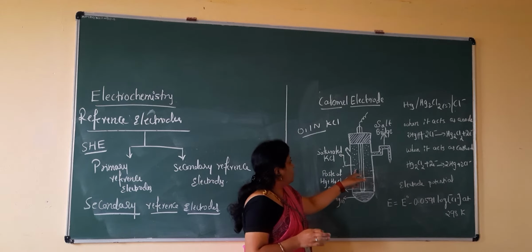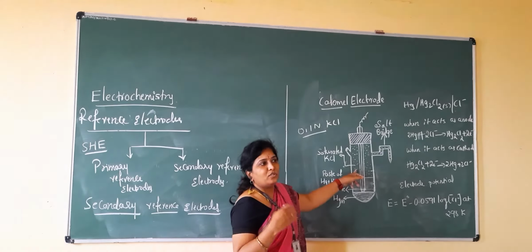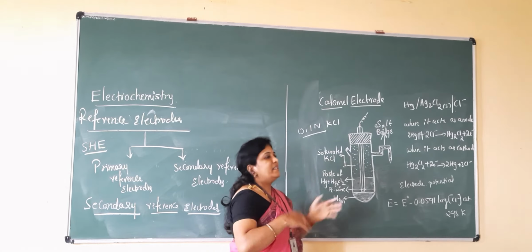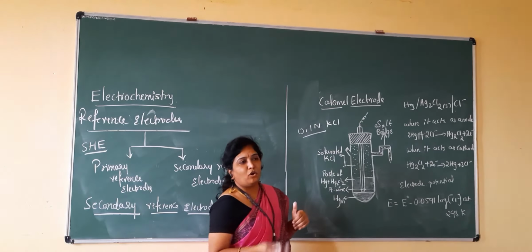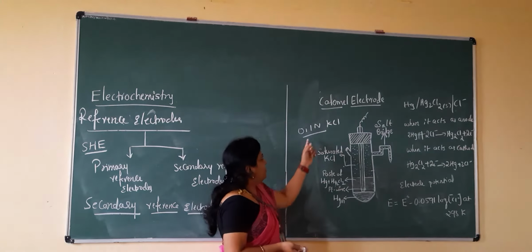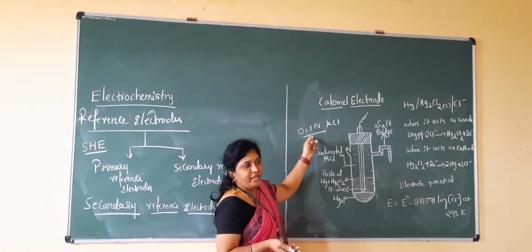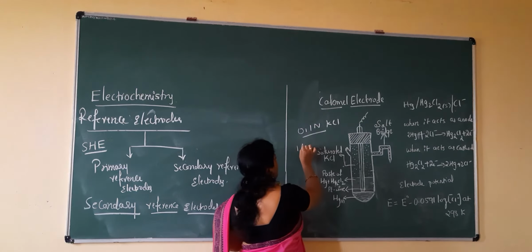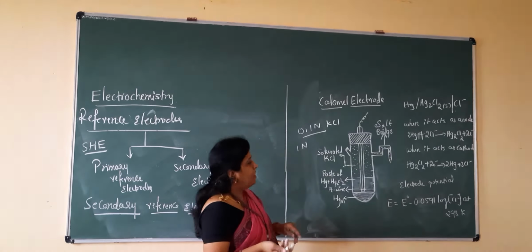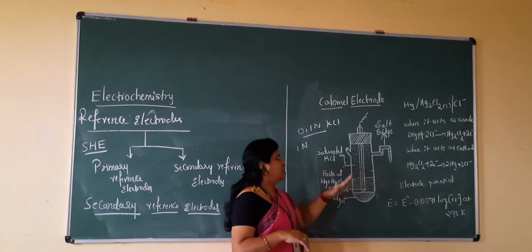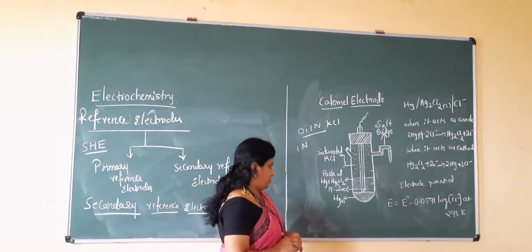Whatever the concentration of the KCl solution we take, it is designated like that: normal, decinormal, saturated. If you take 1 N, then it is a normal calomel electrode. So depending on that, we have these different calomel electrodes.